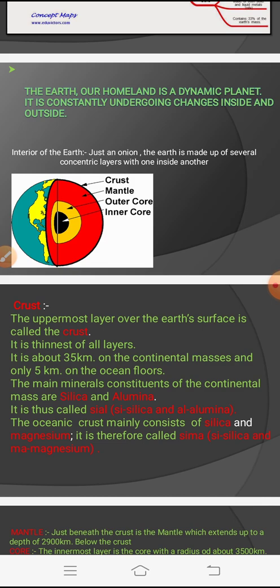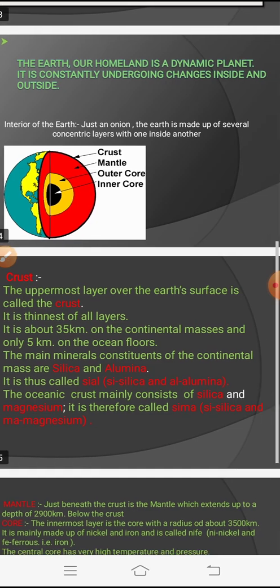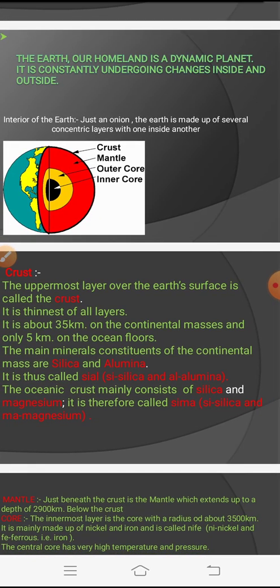Ocean floor is where the ocean and water are, and under that also there is land mass. So that is only 5 kilometers, and where the continental mass is, it is 35 kilometers. The main mineral constituents of the continental mass are silica and alumina.